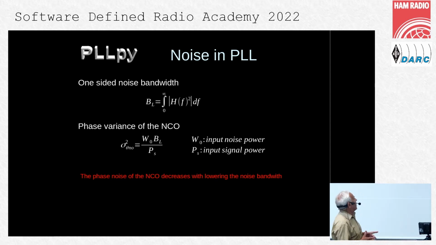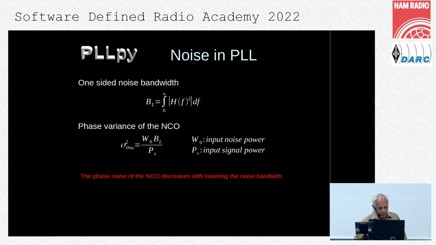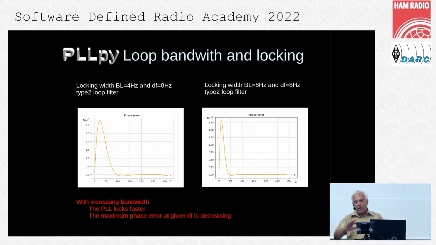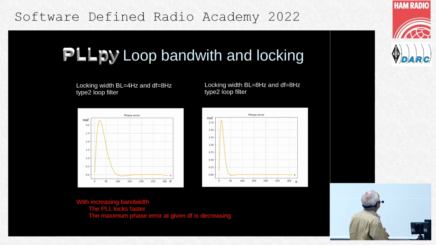It's a very important parameter because the phase noise on the NCO output will depend on this bandwidth. The higher this bandwidth, the higher the phase noise will be. There are other features of the PLL which depend on this noise bandwidth. Here you see the locking process for a PLL.